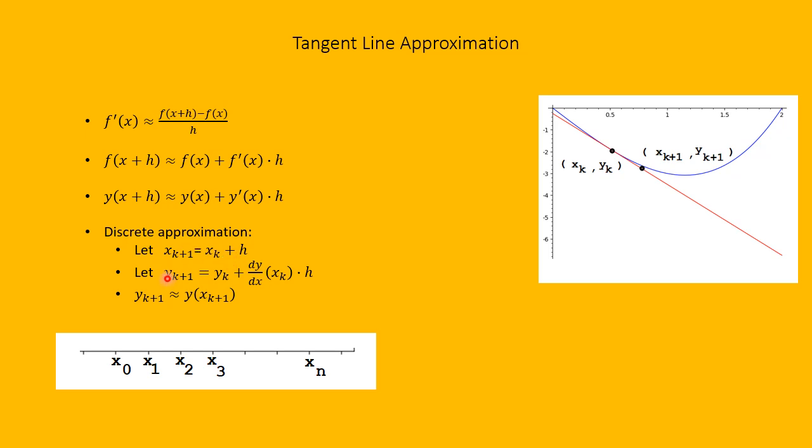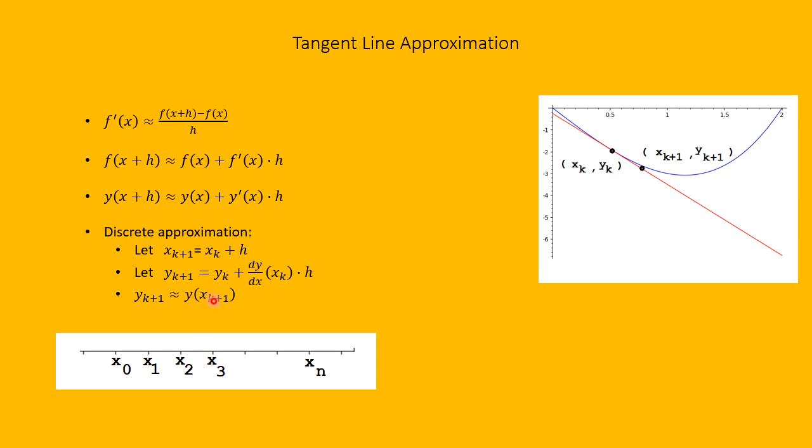Let y sub k plus 1 be y sub k plus the derivative of y with respect to x at x sub k times h. This formula right here is a discrete version of this formula up here. And we're going to realize that y sub k plus 1 is our approximation for y evaluated at x sub k plus 1.